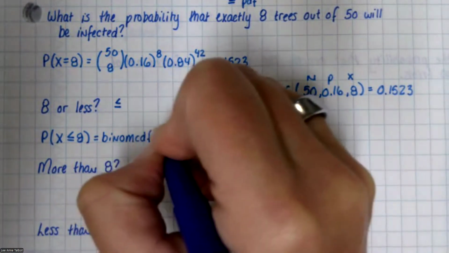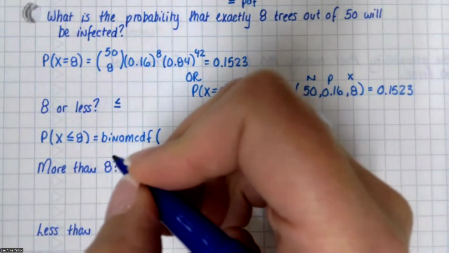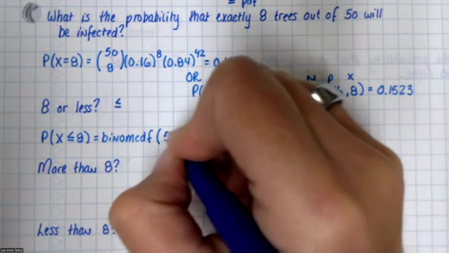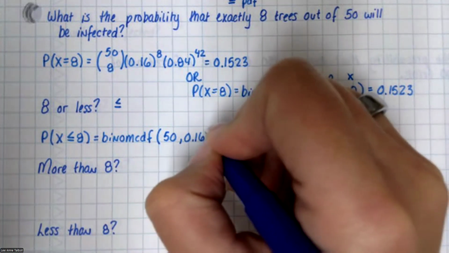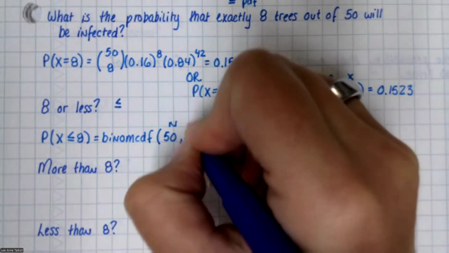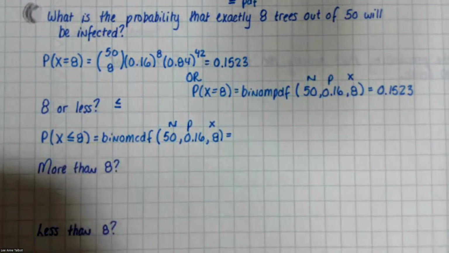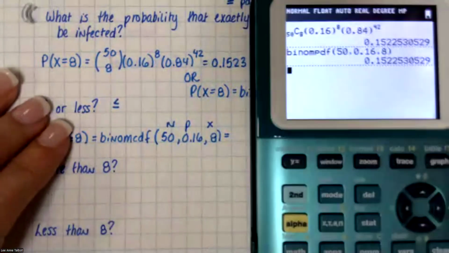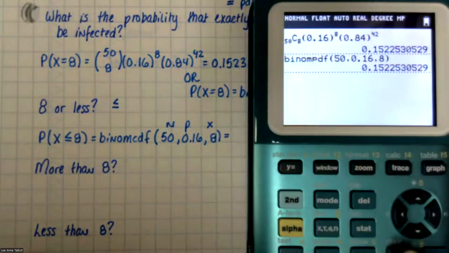Binom CDF. And remember, CDF means it's adding up everything up to and including 8.